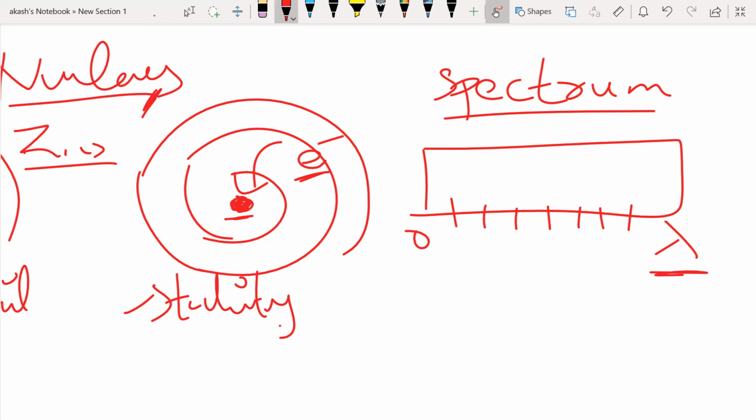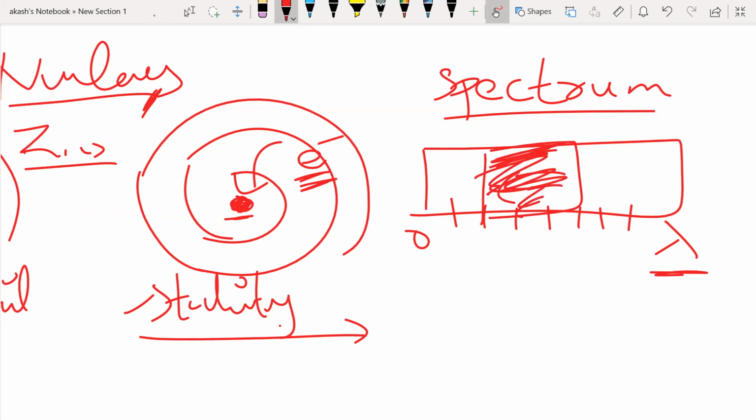Since the electrons are continuously revolving around the nucleus, it is going to give a variety of values of energy, in the sense that an entire region like this would be the energy values given out by the movement of electrons. This is what is called a continuous spectrum. It's not a single value; so many values are embedded in it.